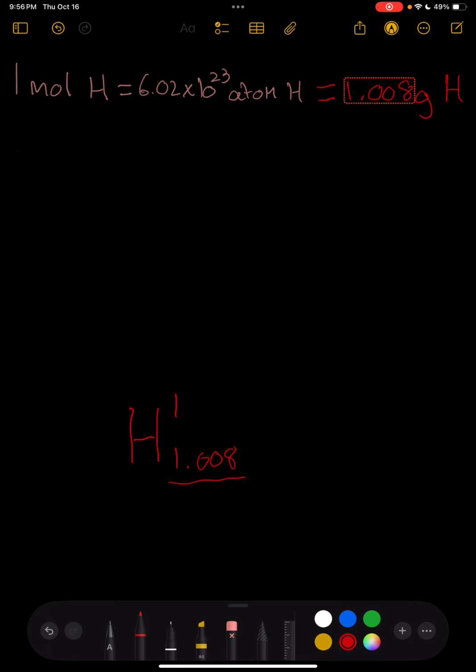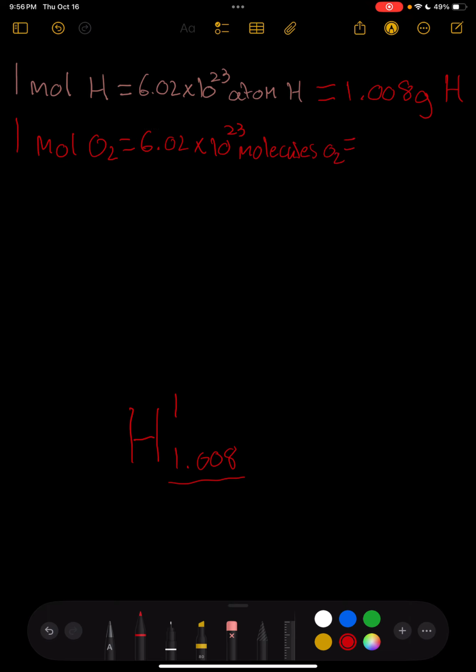So we know that 1 mole of O2, which is not the atom oxygen, but rather the molecule O2, which is a common way that oxygen is found in nature, is equal to, again, the exact same amount, 6.02 times 10 to the power of 23 atoms, or sorry, my mistake here, not atoms, molecules of O2.